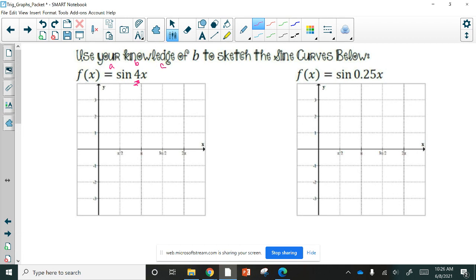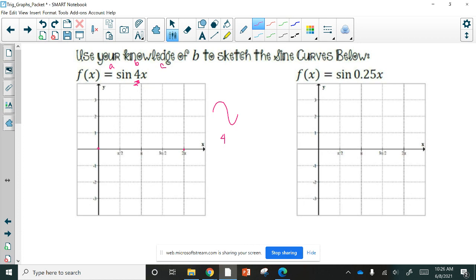That means from 0 to 2 pi, we are going to have to fit 4 sine cycles. 4 complete cycles. This is one cycle, so we're going to have to fit 4 of those from 0 to 2 pi.